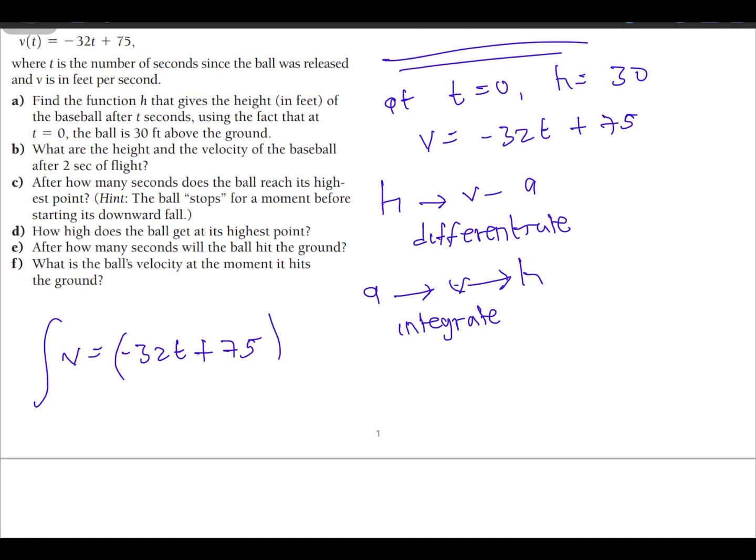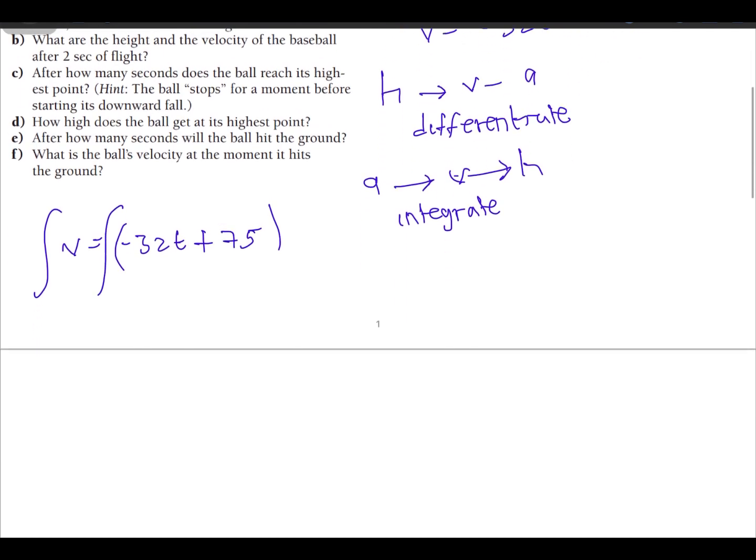And this is one function, so when I integrate it, what am I going to get? When you integrate velocity, you are going to get height, which is h, and is equal to, now you have to integrate this function, and I know you are now capable of integrating such functions.